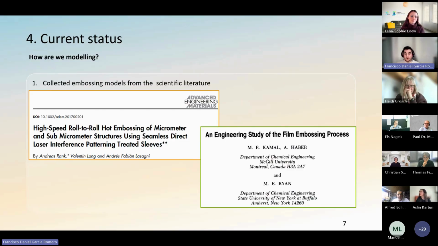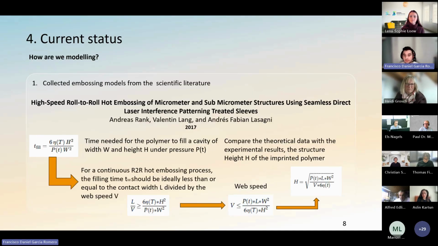So how are we modeling, in this case, the embossing process? First, what we did was to collect embossing models from the scientific literature to have an idea of how it is interpreted from a mathematical and physics point of view. After several months of literature review, we obtained the key formulas that we are using that are embedded in the digital twin.